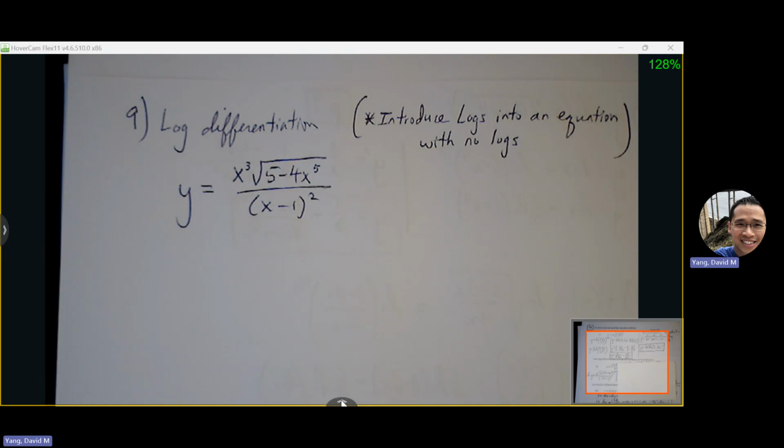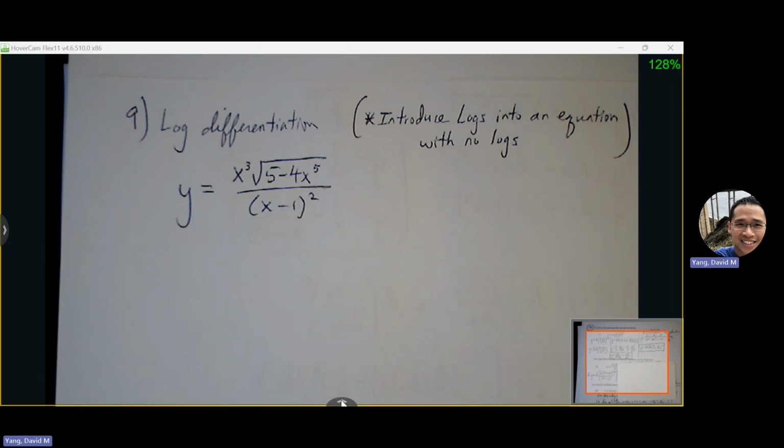Okay, number 9. I'll walk through the steps with you, but number 9 is log differentiation. The idea with log differentiation is that we are introducing logs into an equation that has no logs in it. We only want to do log differentiation if there's no logs at all in the equation. The whole purpose is we want to take advantage of the log properties.